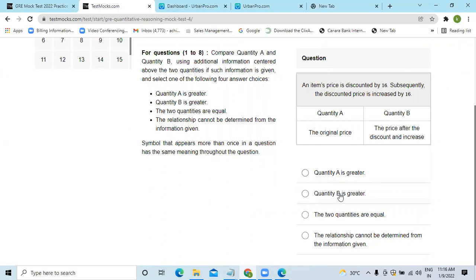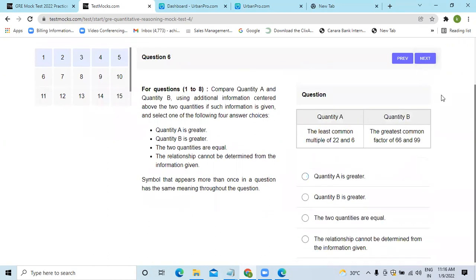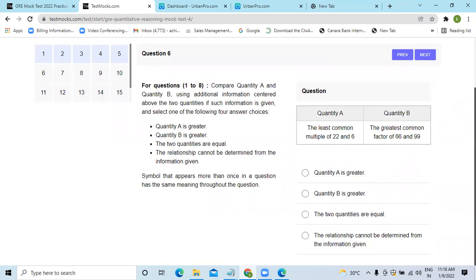Quantity A. The least common multiple, the LCM.